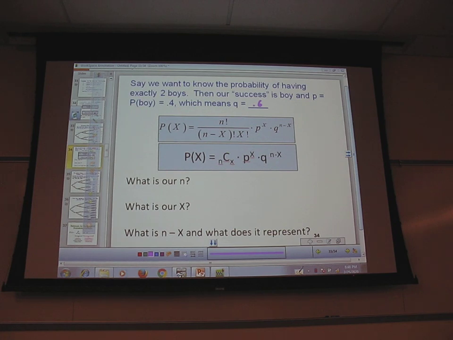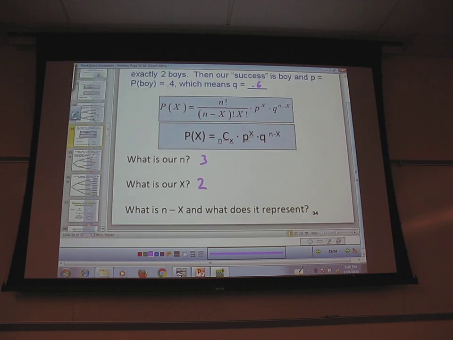x is, what's x stand for? Successes. How many successes do we want? 2. Yeah, we want 2 boys, 2 successes. What's n minus x then? n is 3, x is 2, 3 minus 2 is 1. What does 1 represent?